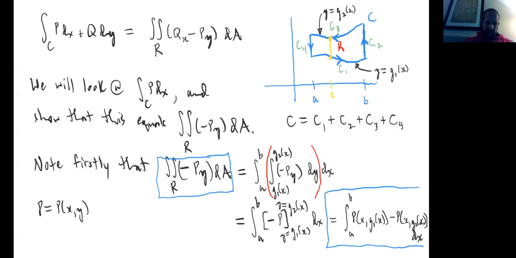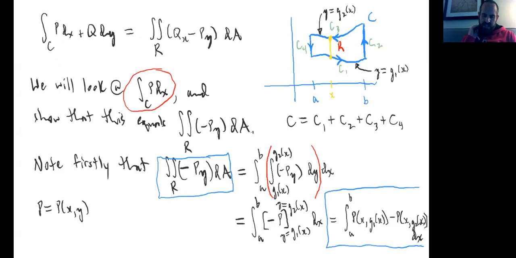Now we need to concentrate on what that thing actually is. So let's file this first computation away in our memory. We'll come back to this later, but now I want to do this little line integral that we have going on right here. So let's do that next.